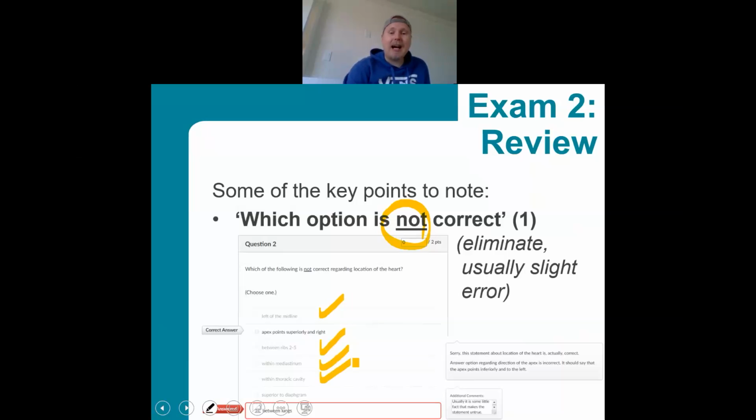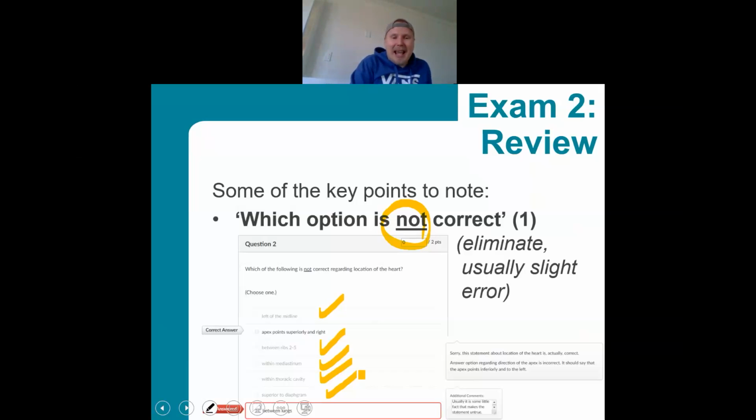So the best way that I can think of is to eliminate the correct answers, and then you're left with the wrong one. Here, for example, we were talking about the apex pointing, but we remember that the apex actually points inferiorly, so downwards, not superiorly, and it points to the left, not to the right, and it does point forward, so anteriorly.